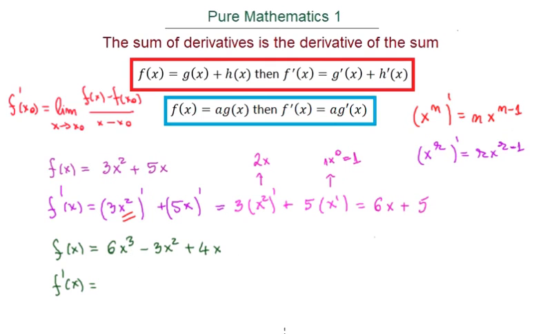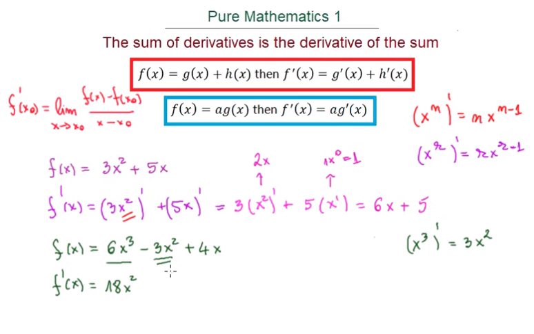There's 3 terms. When we want to differentiate the first term, 6x cubed, we will only differentiate x cubed, and we know that x cubed differentiated, we use the formula, is 3 times x to the power of 3 minus 1, which is 2. So it will be 6 times 3x squared, which is 18x squared.